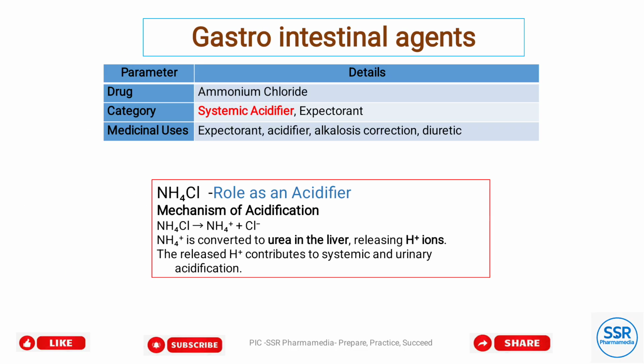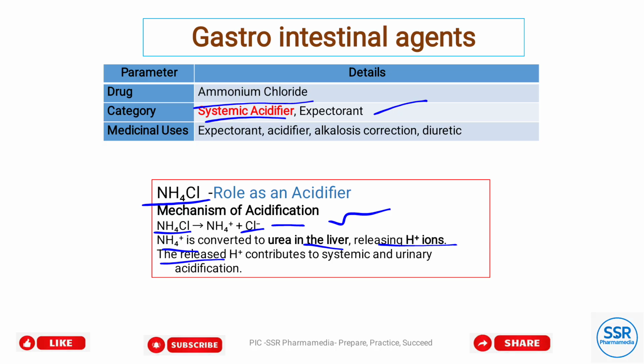Next we'll see the compound ammonium chloride. Ammonium chloride acts as a systemic acidifier and also as an expectorant. Now, its role as an acidifier: in solution it liberates chloride ions, and then the ammonia is converted to urea in the liver, releasing hydrogen ions.